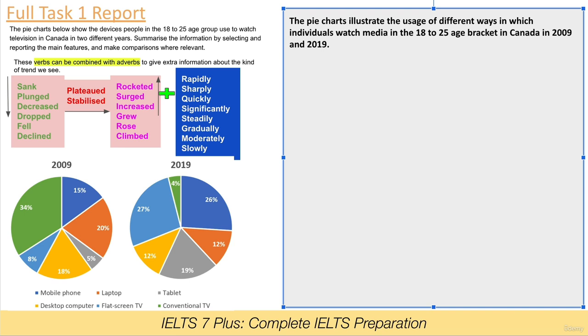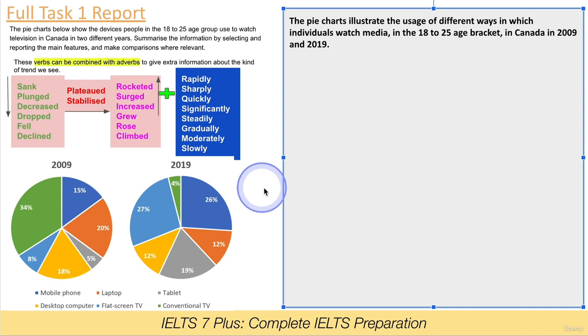The pie charts illustrate the usage of different ways in which individuals watch media in the 18 to 25 age brackets. Let's do commas there actually, just to separate that. In Canada, in 2009 and 2019.